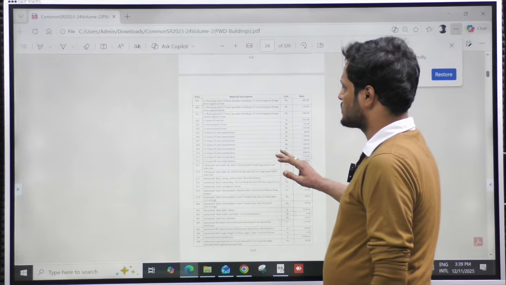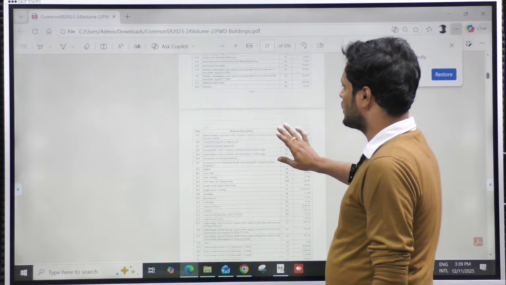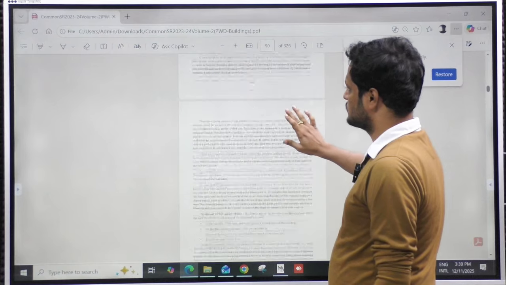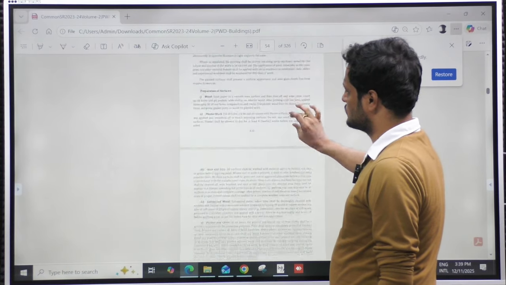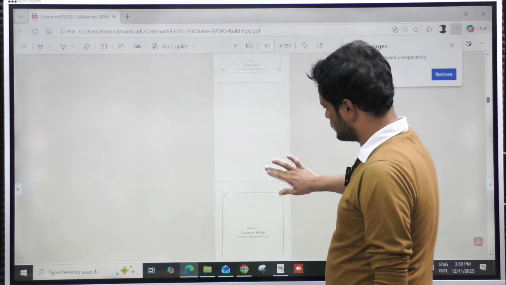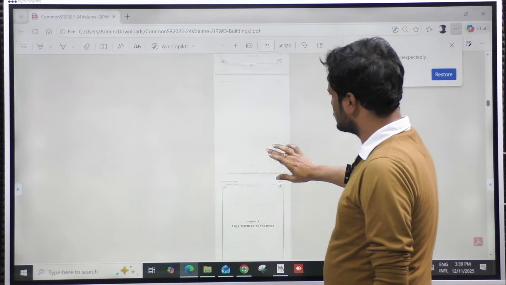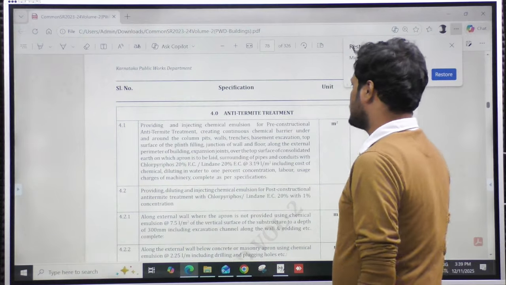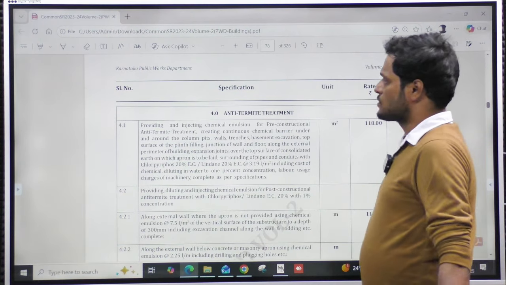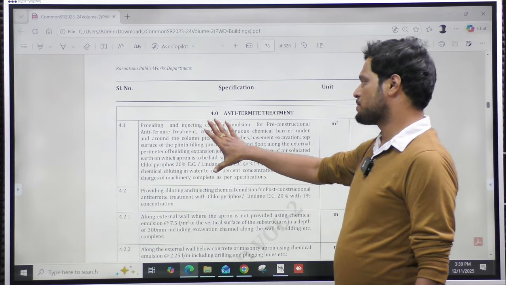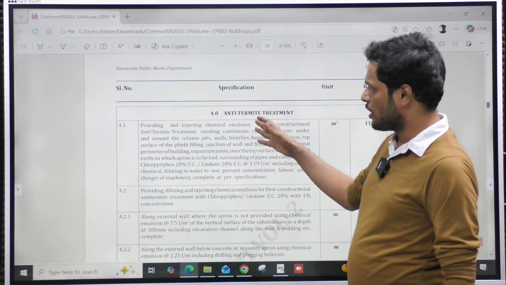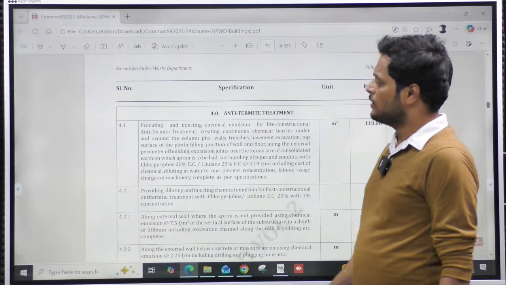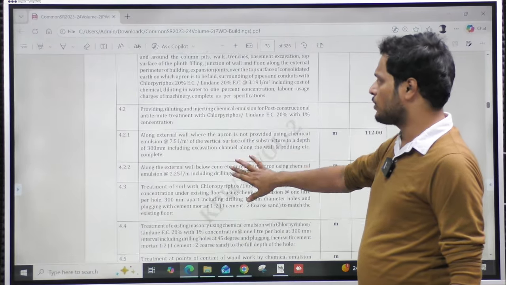These are various kinds of works we have, with material descriptions. Whatever the work, a detailed description will be given: what should be done, how it should be done, which company to purchase from, everything about every material we are purchasing.